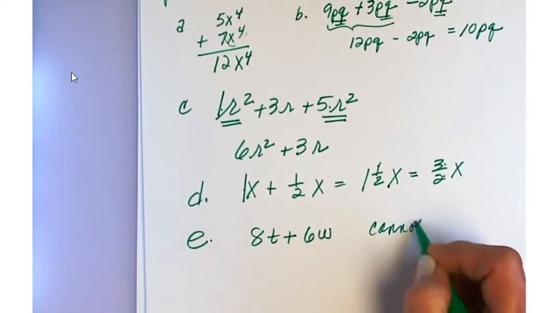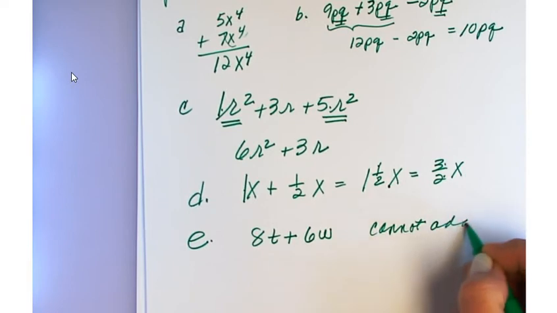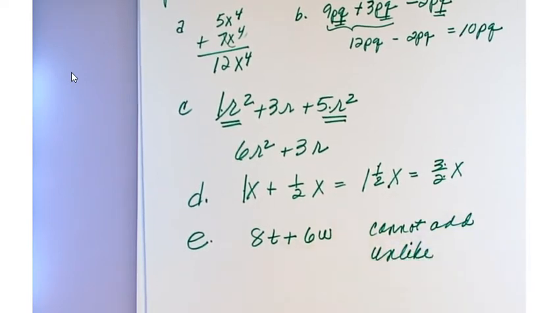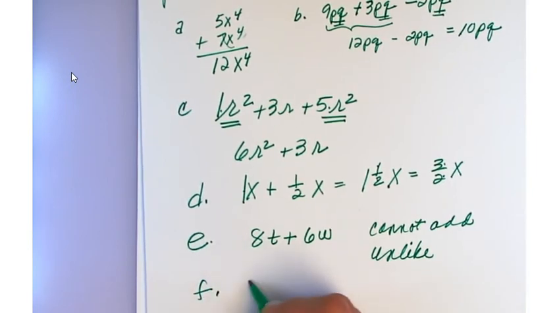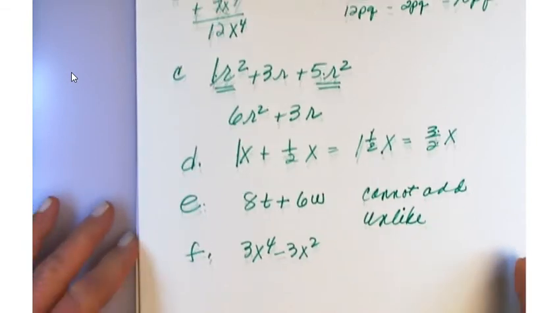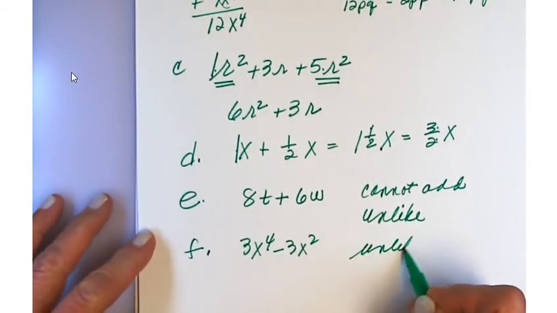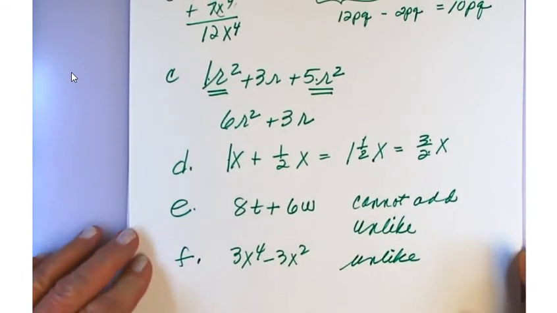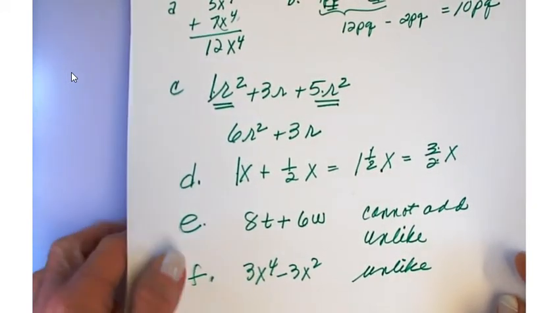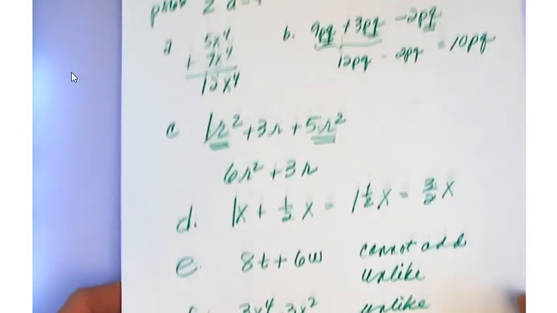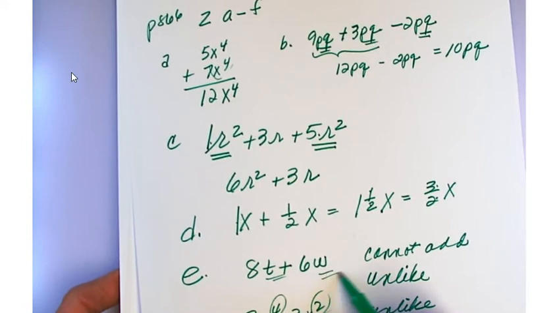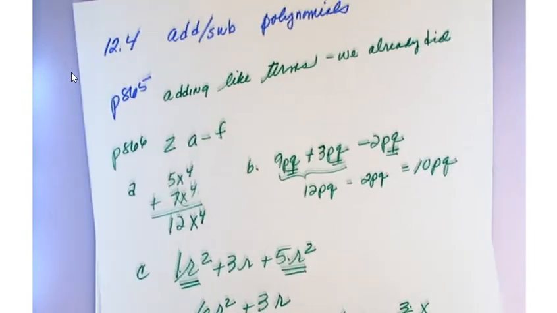Why? They are unlike terms. And f, 3x to the 4 minus 3x squared. These are unlike. We cannot combine unlike terms. Okay? I think that you're pretty good at recognizing what's like and unlike. These are not the same. These are not the same letters. We can't go forward with them at all.